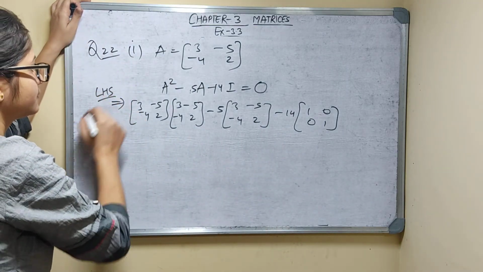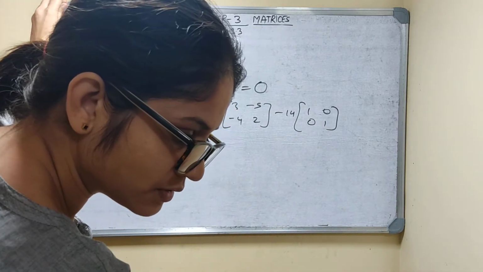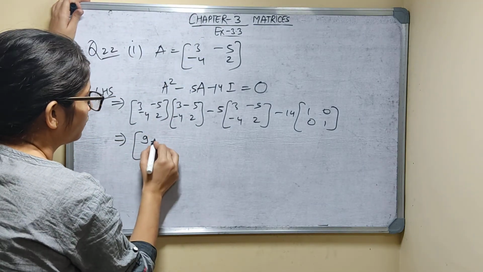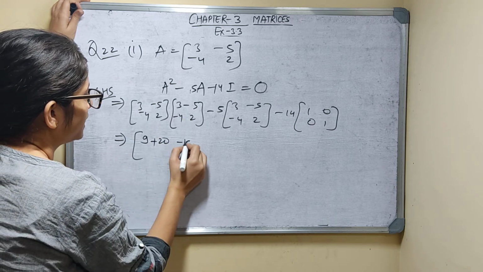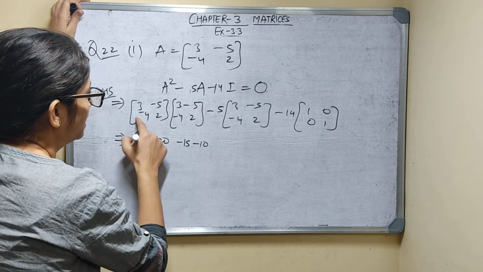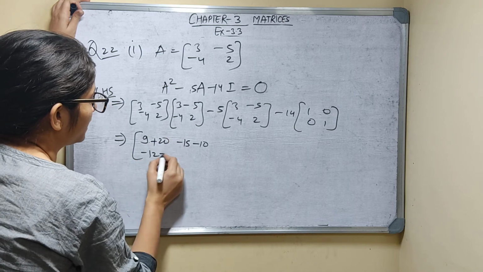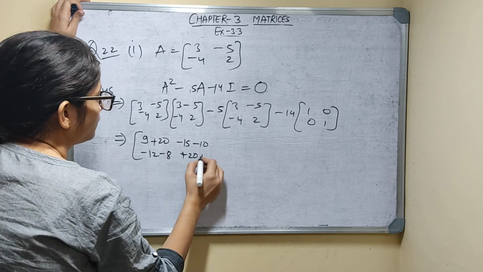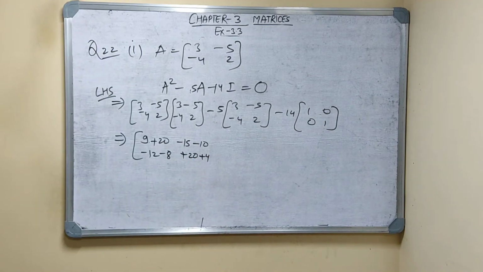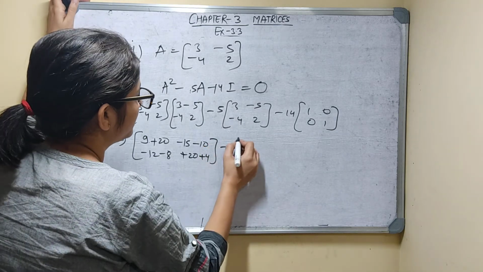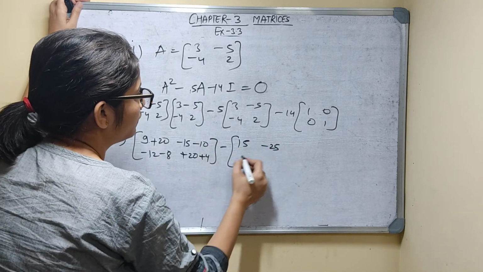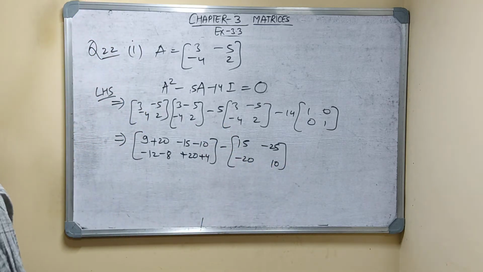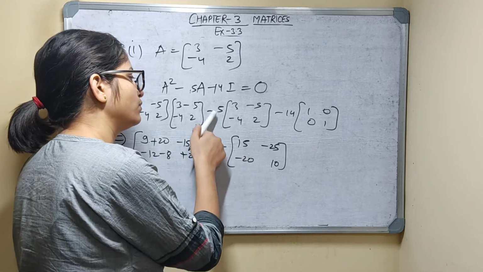LHS part I am solving. So 3 into 3, 9, minus 5 into minus 4, plus 20. 3 into minus 5, minus 15, minus 5 into 2, minus 10. Minus 4 into 3, minus 12, plus 2 into minus 4, minus 8. Minus 4 into minus 5, plus 20, plus 2 into 2, 4. Minus 5: 5 3s are 15, 5 5s are 25, 5 4s are 20, 5 2s are 10. 5 into 3, 15, 5 into minus 5, minus 25, 5 into minus 4, minus 20, 5 into 2, 10.